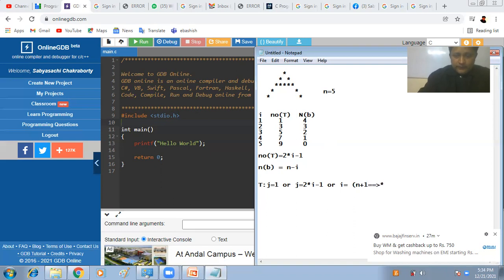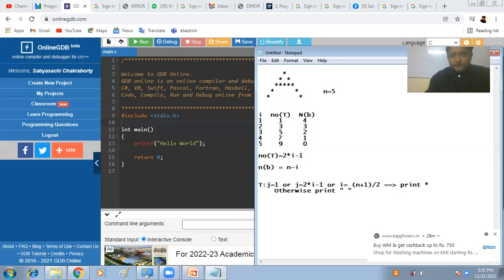So in these three cases, either J equal to 1 or J equal to 2i minus 1 or I equal to (n plus 1) by 2, the median position of n, the star will be printed. Otherwise, print a blank, print space.